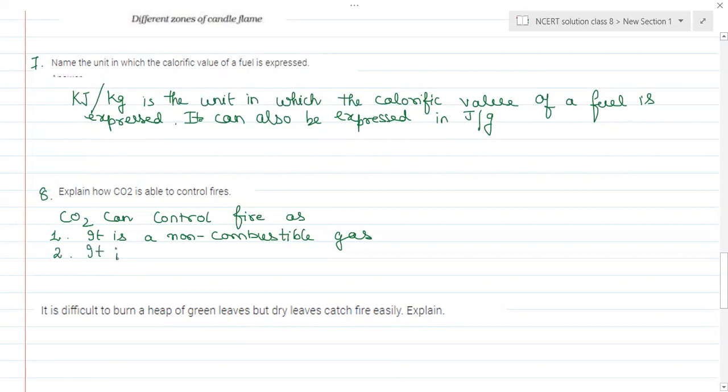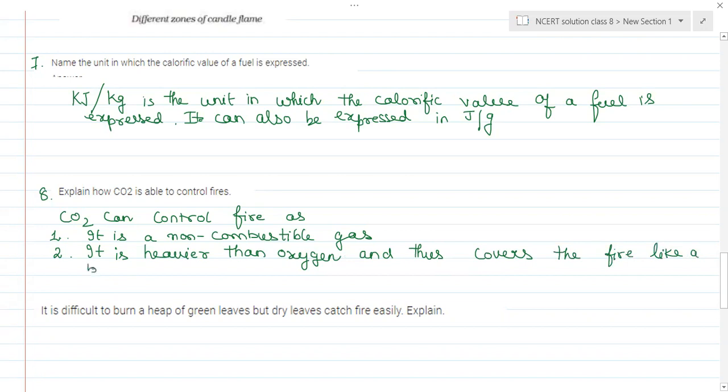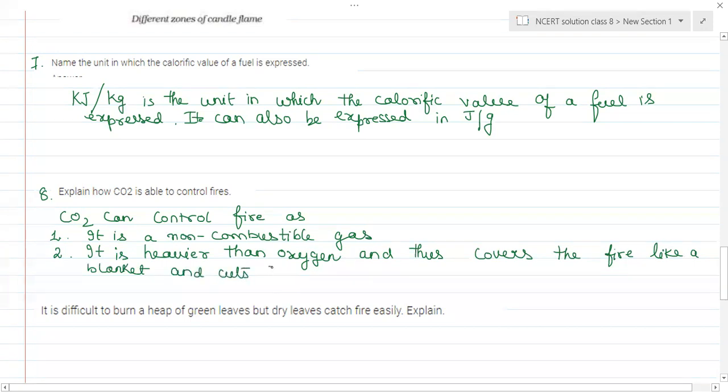It is heavier than oxygen, and thus covers the fire like a blanket and cuts off the contact between oxygen and fuel.